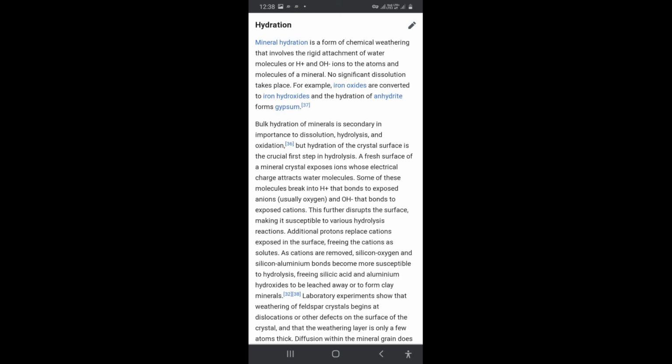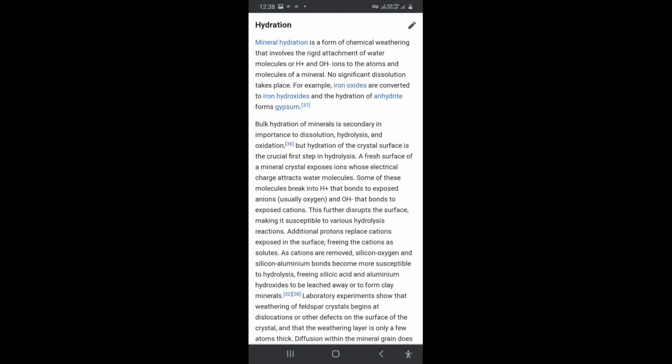In plants, in the roots, there is presence of hydrogen ions.